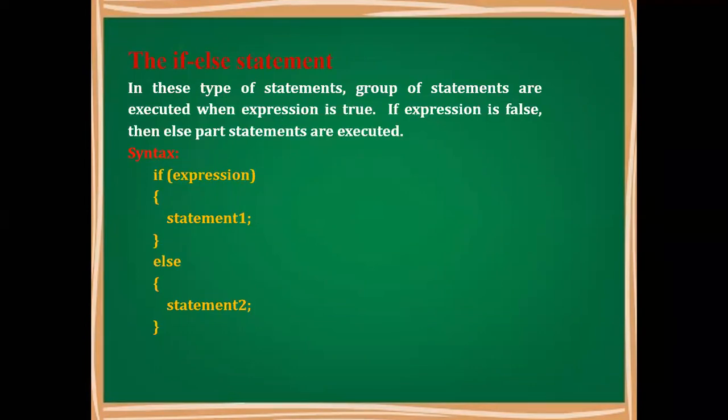If, here we put our conditional statement. If it is true, then statement 1 will be executed, or multiple statements we can put in that code block under the curly brackets, or else the else part will execute if the condition becomes false. Statement 2, or multiple statements, can be executed in the else part.